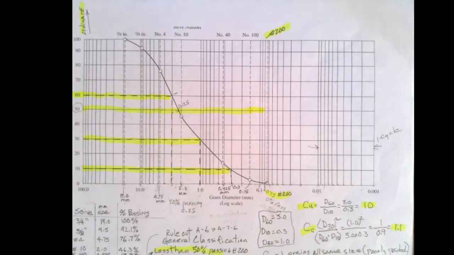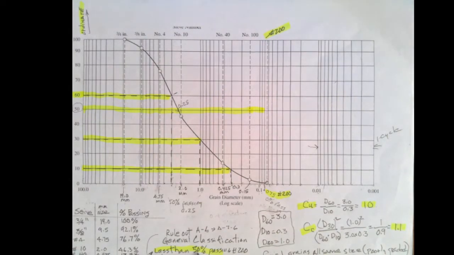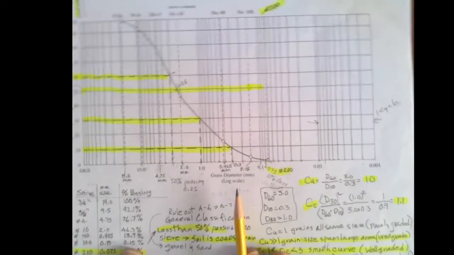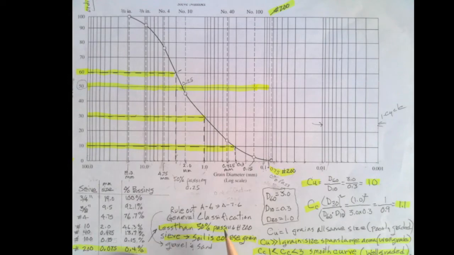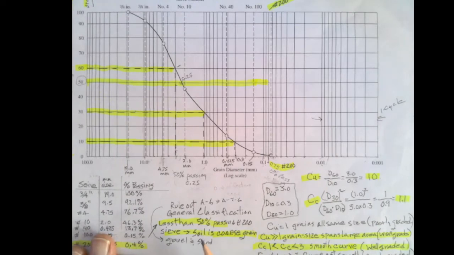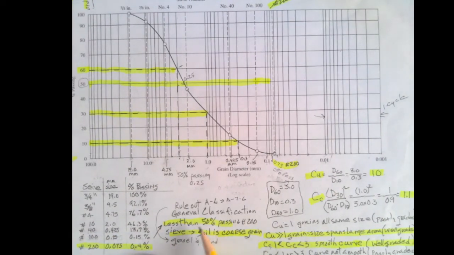In the Unified, anything less than 50% passing the number 200 sieve is a coarse grain like gravel and sand. So you know what that does for us right away? That tells us that this is coarse grain material, and you see the general classification we've talked about before.